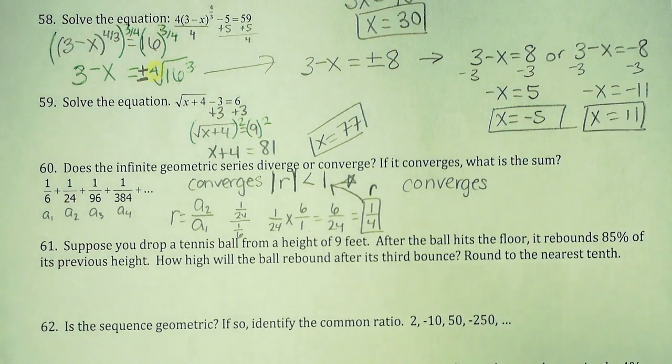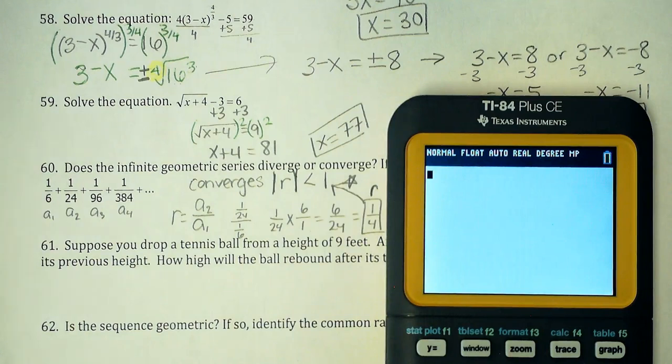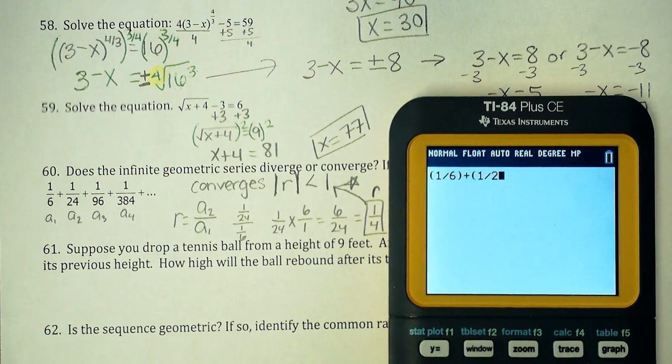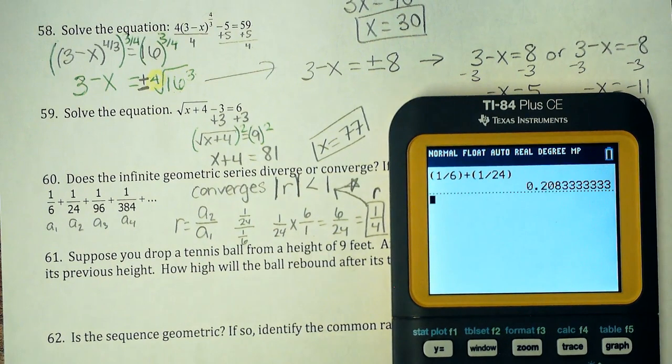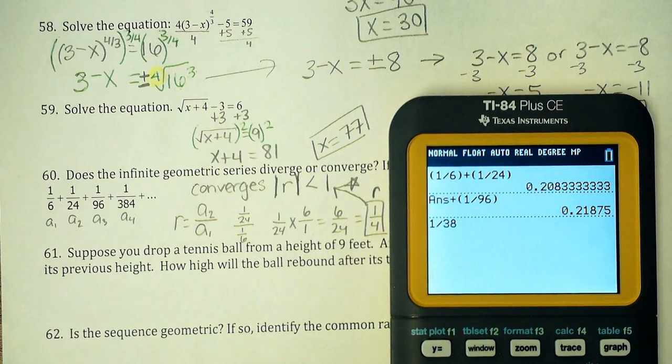Now, let me just show you really quickly here. When you find the sum of a series, you just start adding the terms together. So if I do 1/6 and I add to that 1/24, and we get this tiny decimal, and I add to that 1/96, you can hopefully see I'm barely adding anything, because as I keep going, like if I do 1/384, that is a super tiny number.